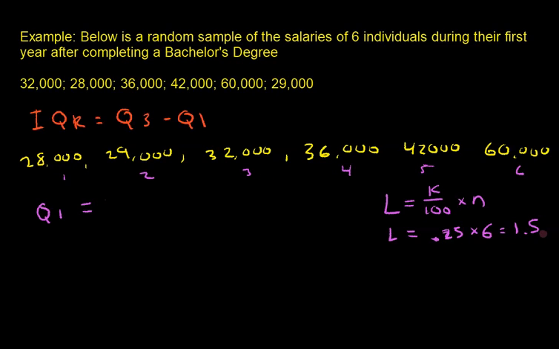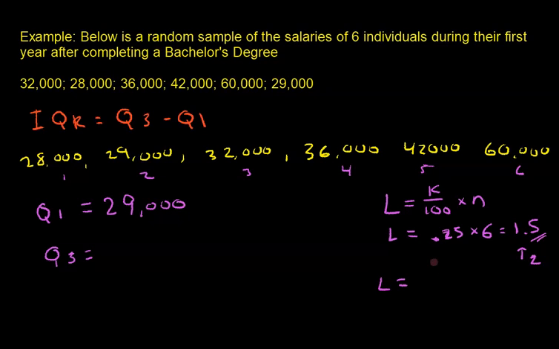Now remember, if this comes out to a decimal, you go up to the next whole number, which is 2. So the first quartile then is the second observation, which is 29,000.